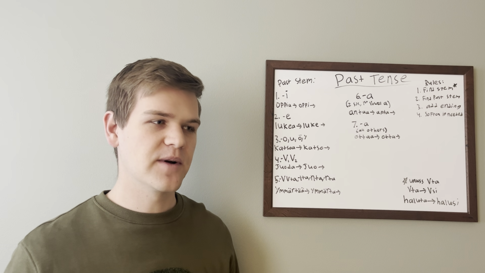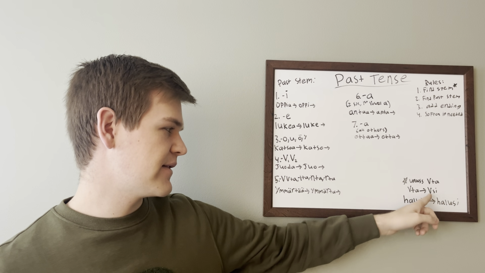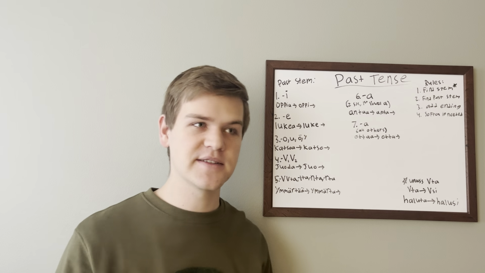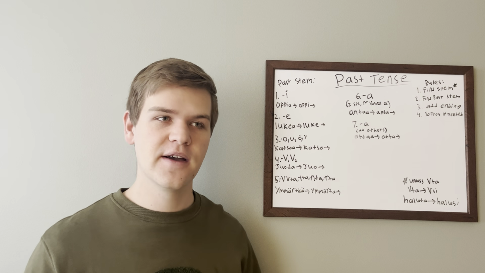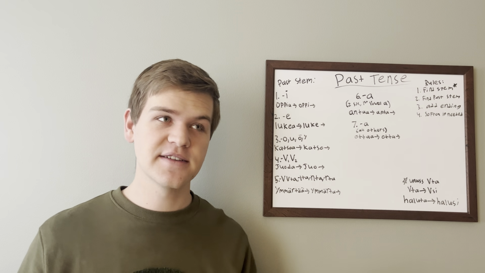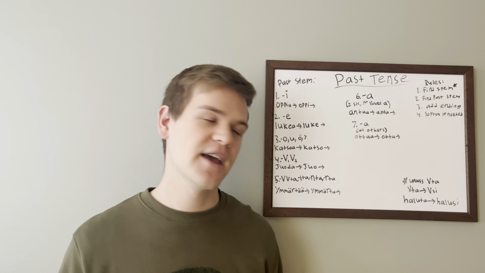So any word that has this vowel TA, we can just get rid of that TA and add SI. We don't need to find the stem. Another example might be the word avata. If we have avata, we want to find our past tense stem, we can just take off the TA and add SI. So avasi. So haluta, halusi, avata, avasi, that sort of thing.